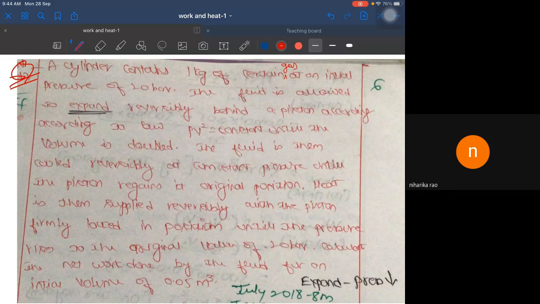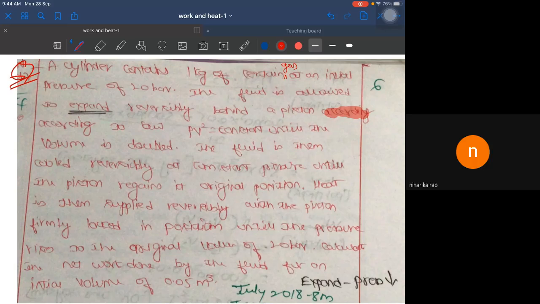The fluid is allowed to expand reversibly behind a piston according to the law PV squared equals constant. That means it expands using a polytropic process with an index of 2, until the volume is doubled.